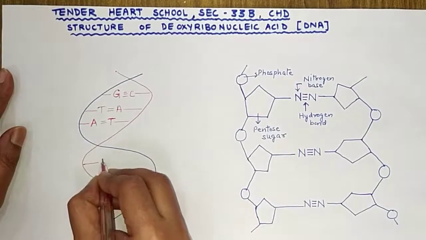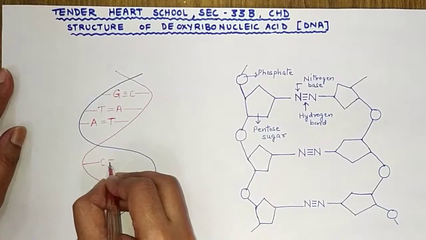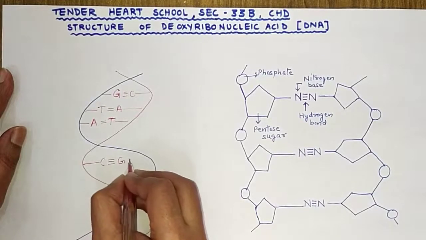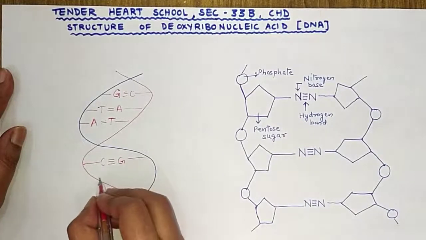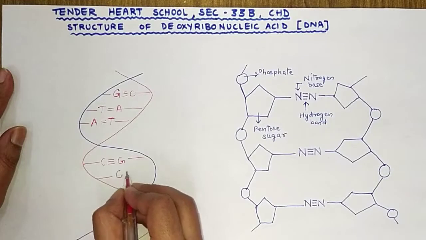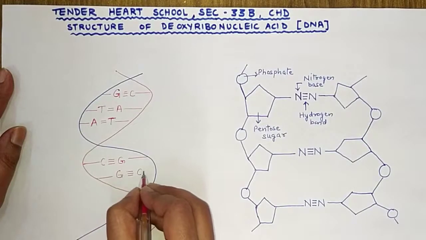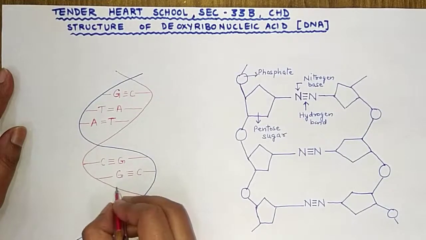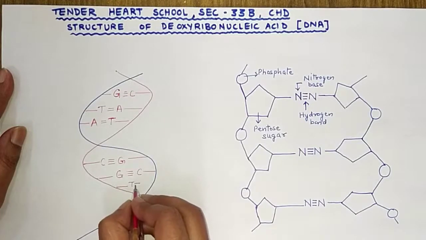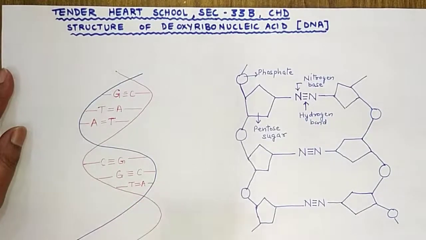If we have cytosine here, it is always going to make pair with guanine. If we have guanine here, it will always make pair with cytosine. If we have thymine, it will make pair with adenine. If we have adenine, it will make pair with thymine.